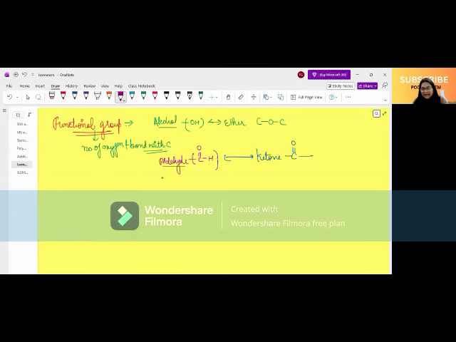Another, carboxylic acid. What is that? C double bond O, OH, right? Two oxygens, out of which one is double bond attached. What could be the change?